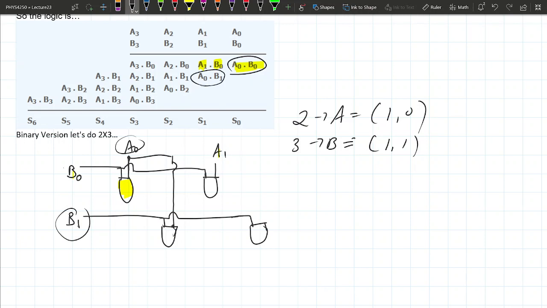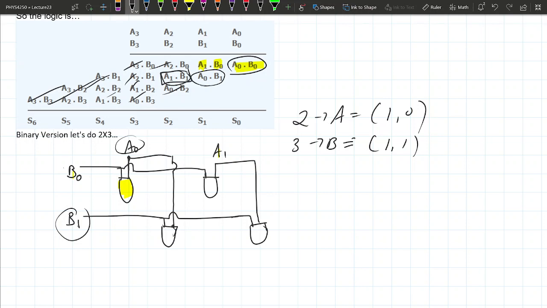So we need to do all these operations. We don't need the 2's because we're doing the multiplication with just 2 bits. But in general, with 4 bits, it gets bigger and bigger. And the last thing we need to do is also connect A1 to B1, because that's multiplying this part.